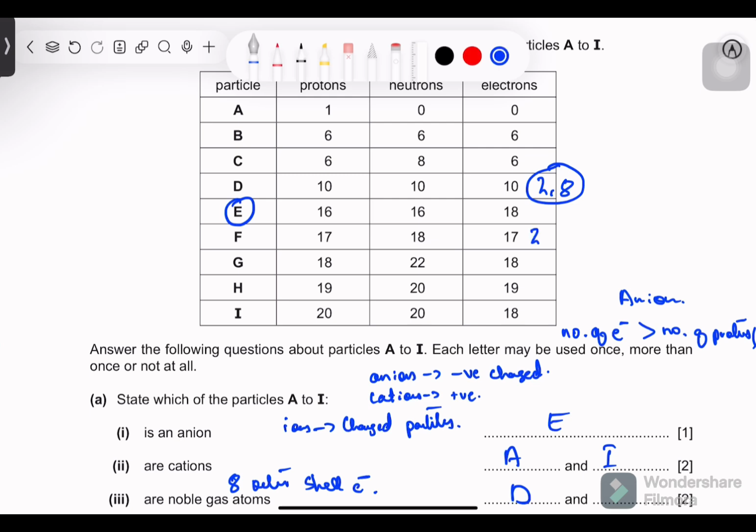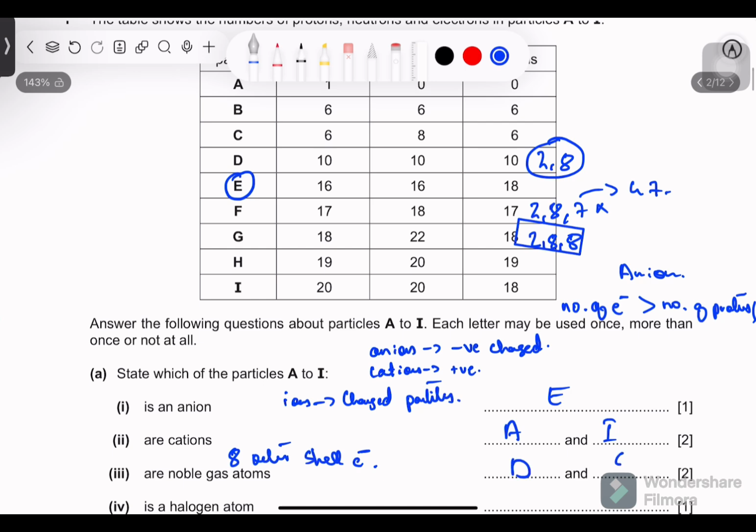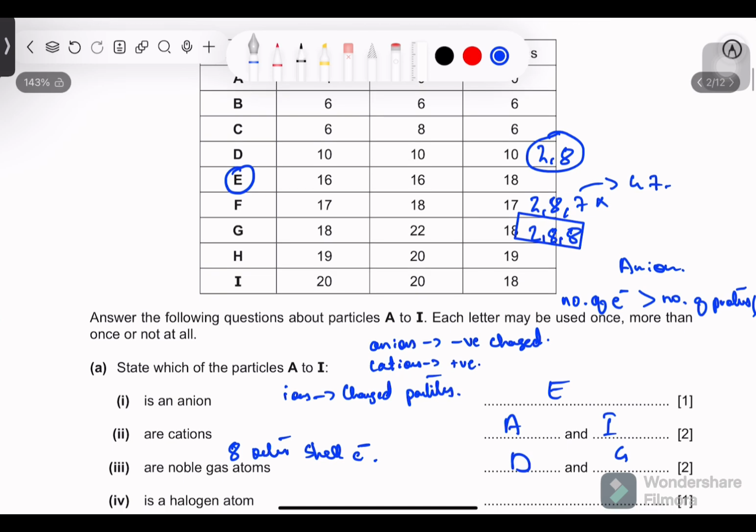As for F, this is also 2 8 and 7, so it should be in group 7. This is 2 8 8, yes, so this is now again a noble gas atom. So D and G. I is not possible again, because it is an ion. I is a cation, so not a noble gas atom.